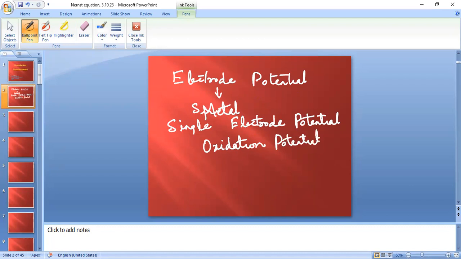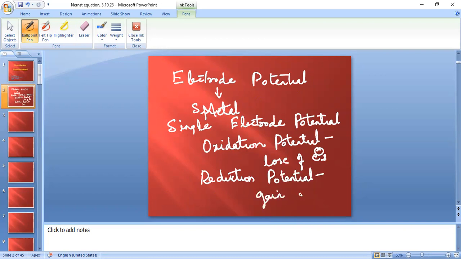This oxidation potential is attained by the loss of electrons. Similarly, every metal has its own capacity to accept electrons, and that is known as reduction potential. The reduction potential is attained by the gain of one or more electrons.